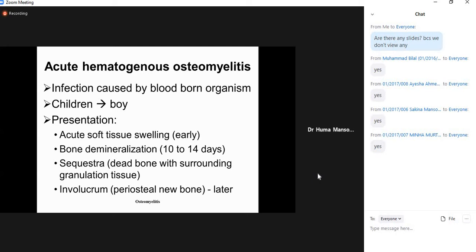This causes mucosal damage, and then the bacteria gain entry and penetrate the bone. For adults, the commonest cause is not hematogenous, but compound fractures, or diabetic infections of the feet. So for children the causes are different from adults.